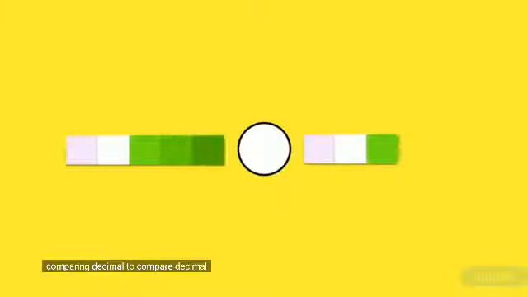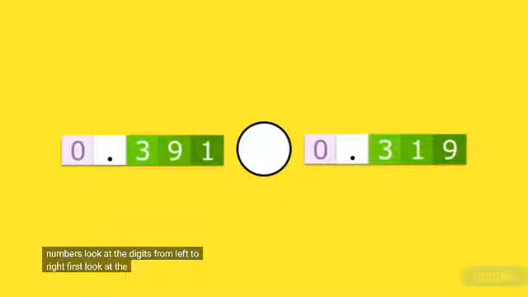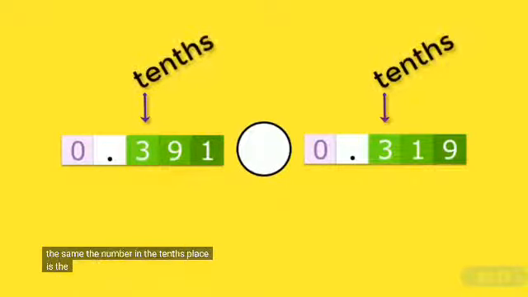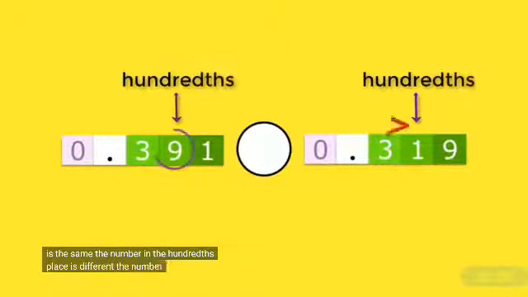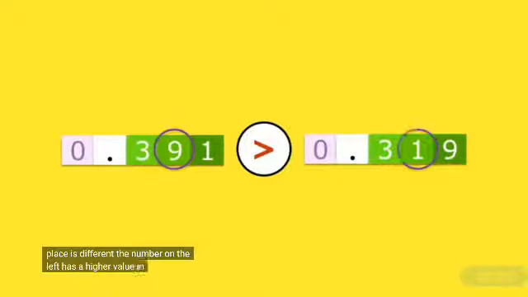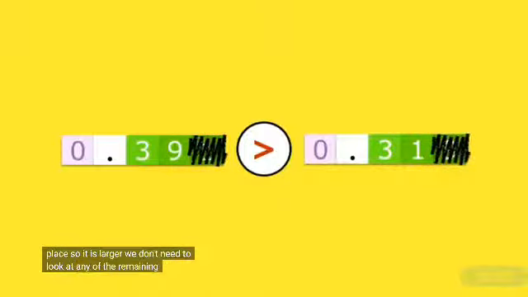To compare decimal numbers, look at the digits from left to right. First, look at the digits from left to right. The number in the ones place is the same. The number in the tenths place is the same. The number in the hundredths place is different. The number on the left has a higher value in the hundredths place, so it is larger. We don't need to look at any of the remaining place values since we worked from left to right.